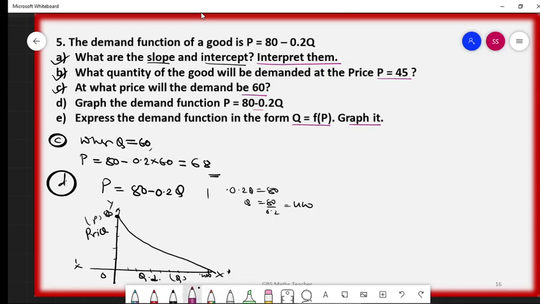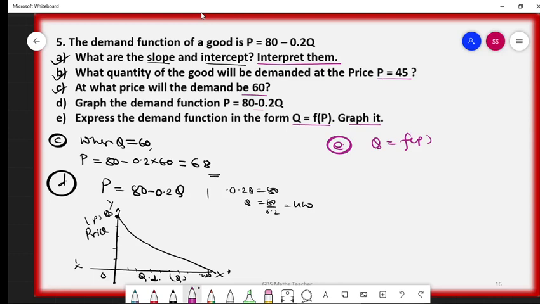Now the next question, dear students, that is E number question. Express the demand function in the form of Q equal to f of P. It's not difficult.